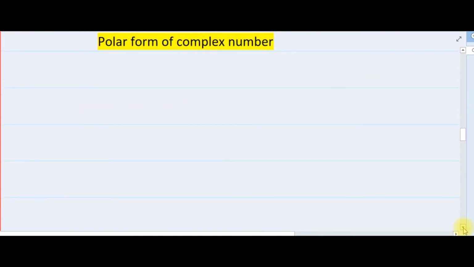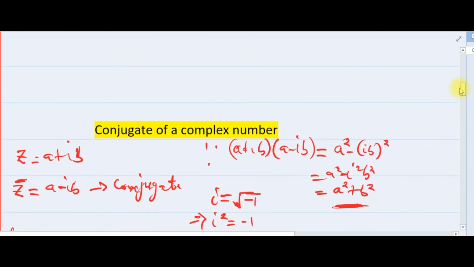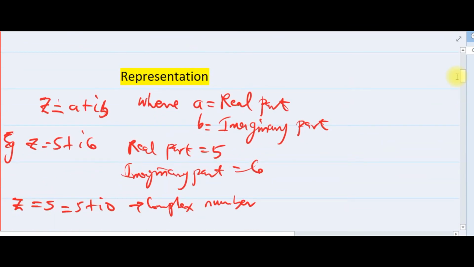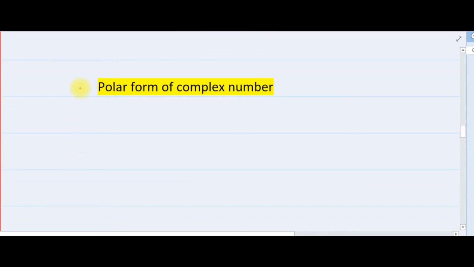Polar form. Polar form is just the trig aspect of a complex number. What we've been representing so far is the rectangular, Cartesian form. So a plus ib is the Cartesian form. The formal representation we use is the Cartesian.